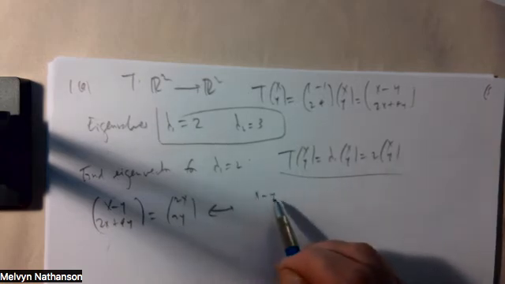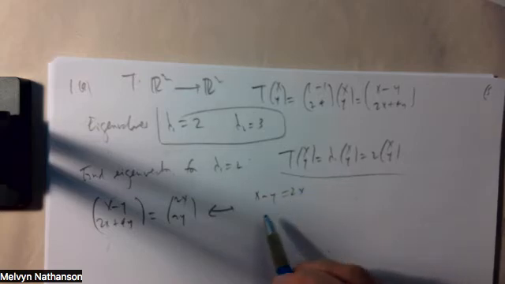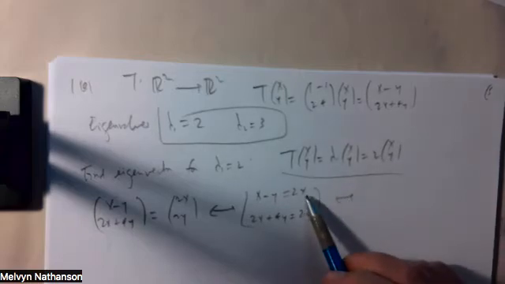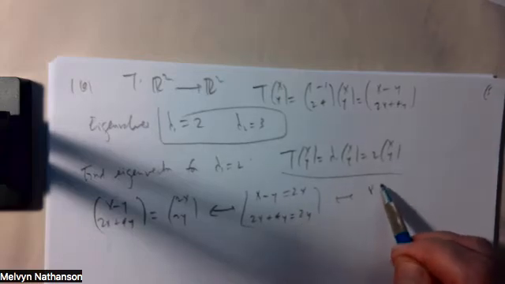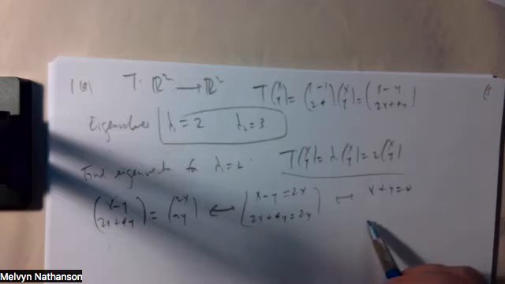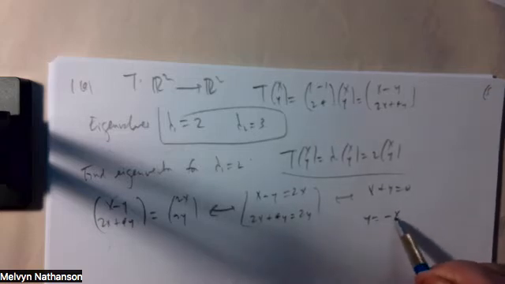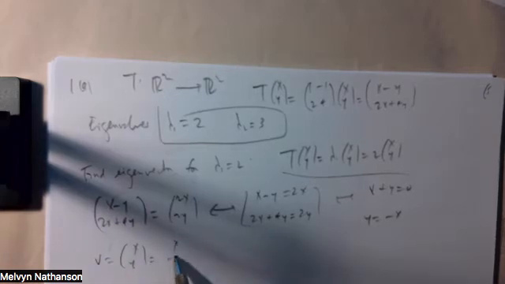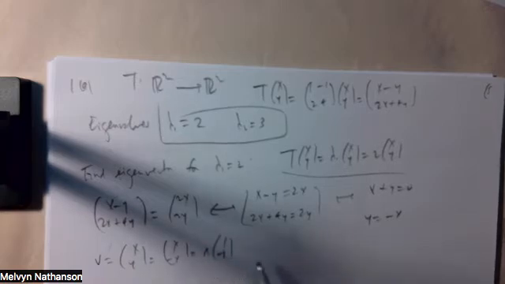So we want to solve the equations x minus y equals 2x, 2x plus 4y equals 2y. This first equation is equivalent to x plus y equals 0, and so is the second equation. So y has to equal minus x. So if I take any vector v, which is x, y equal to x, minus x, or any scalar multiple of 1 minus 1, that should be an eigenvector.